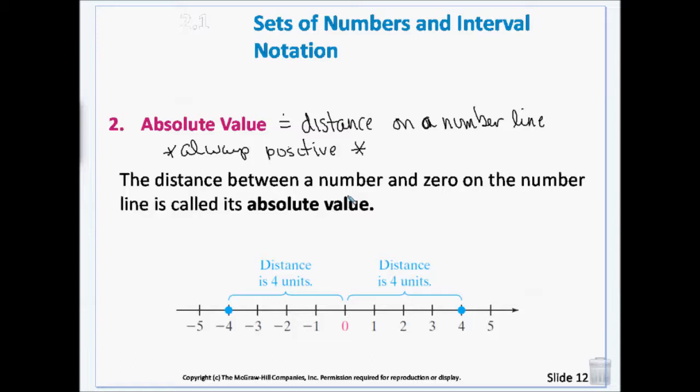Well, if I walk a mile backwards, which would be kind of like in a negative direction, I did not walk a negative mile. I still walked a mile, no matter which direction I was pointing. So absolute value is positive because it's distance, and distance is always positive. It doesn't matter if I walked a mile on my hands, I'm still walking a mile. It's always going to be the same distance.